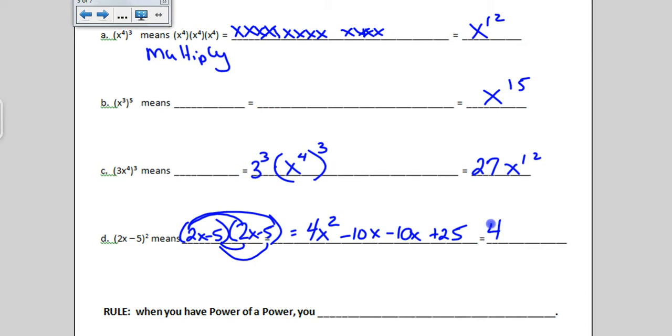So you finally end up with 4x squared minus 20x plus 25. Many children just think about distributing the squared, which is not at all how you do that problem. So when you have a power taken to a power, you multiply the powers, or the exponents.